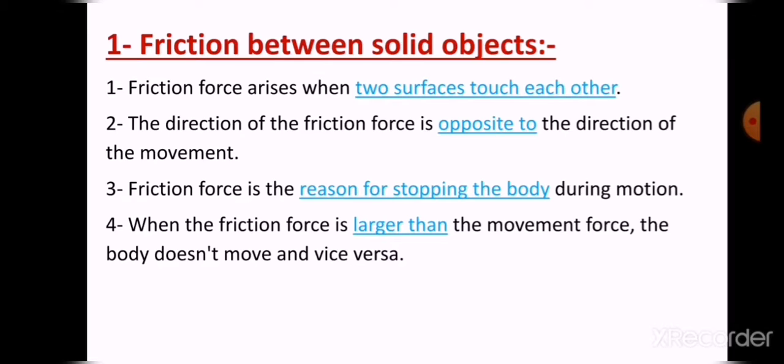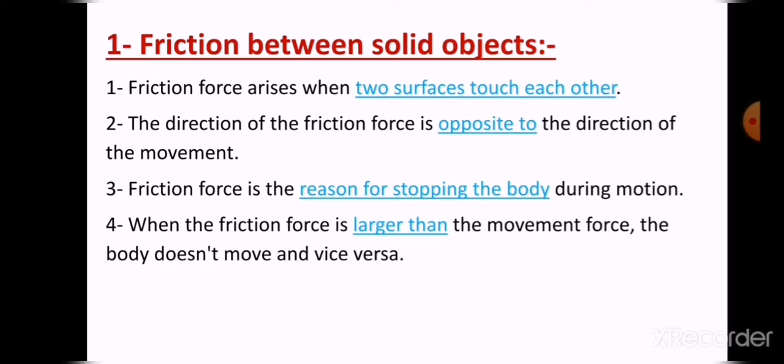The friction force is the reason for stopping the body during movement, because it causes the object to slow down and stop.